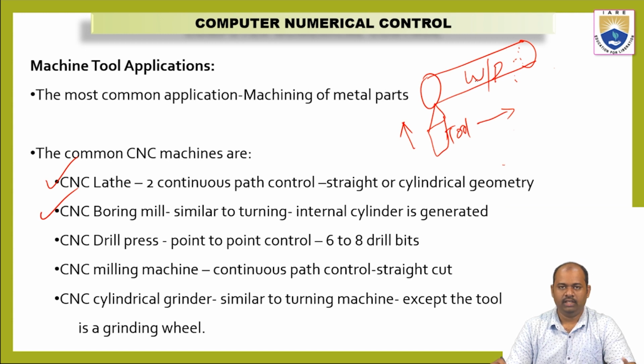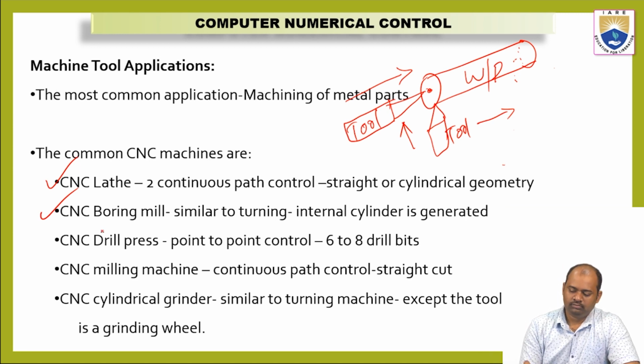Now, if I change the position of the tool and place it at the center, this is the tool. What happens is, at the center of the rod I will make a hole and move this tool towards the right side, so that whenever I push the tool into the rod, it will increase the diameter of the hole. This process is called boring.